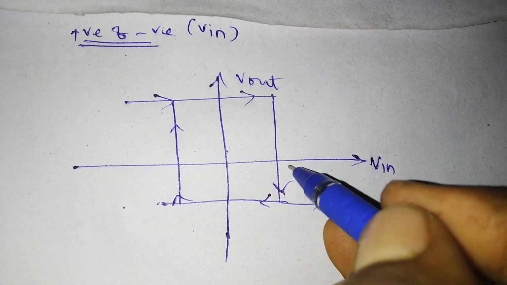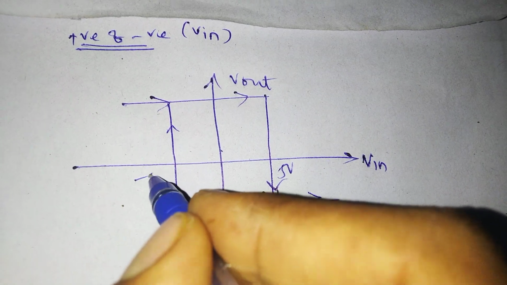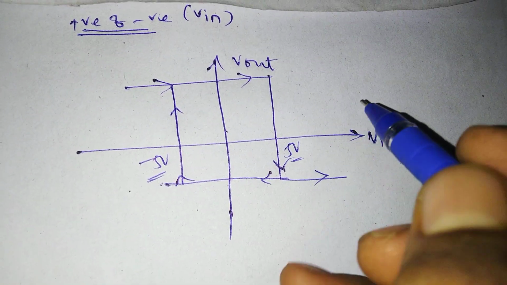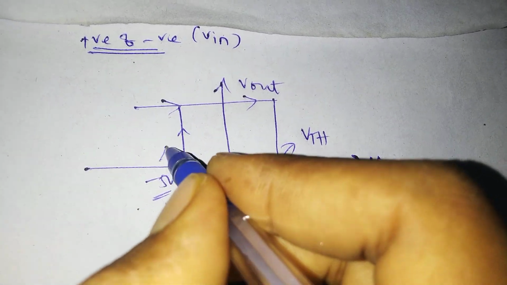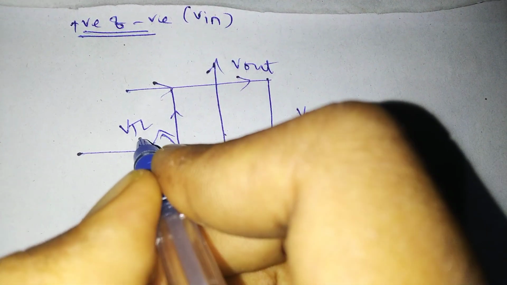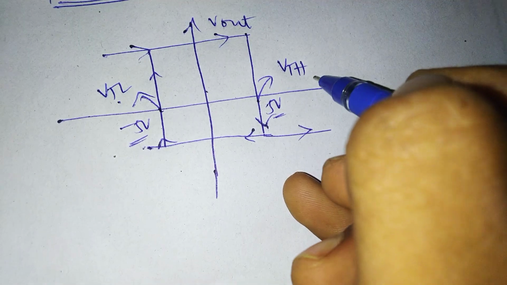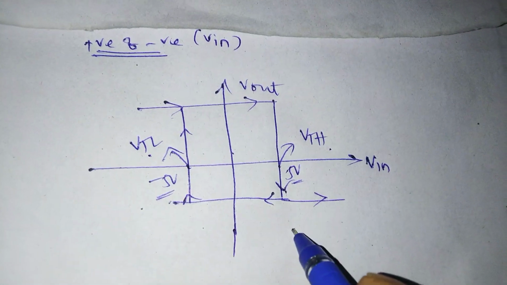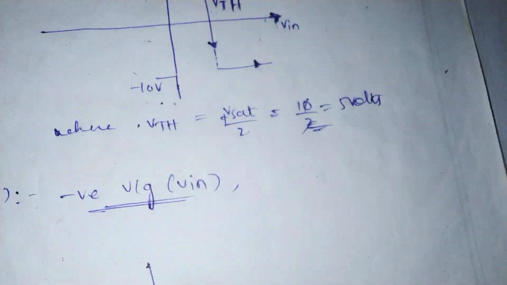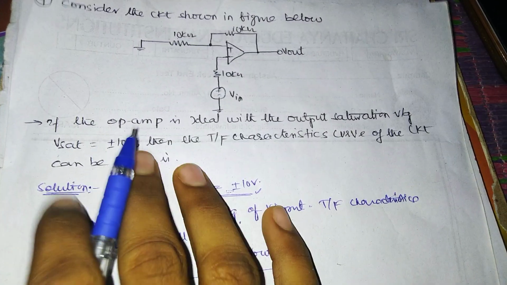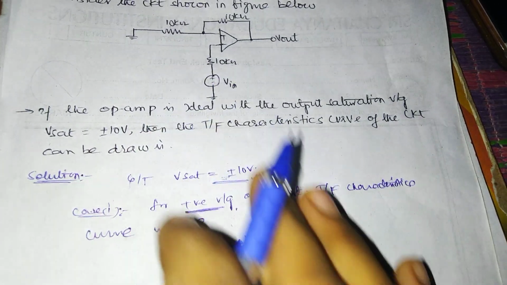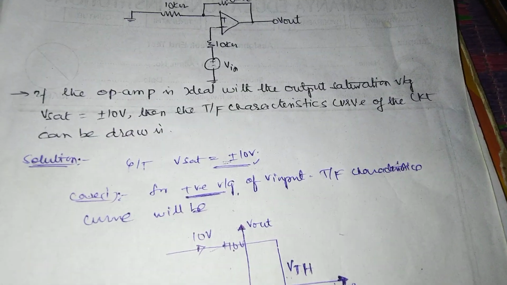This is the threshold 5 volts, negative 5 volts. This we call VTH, and this is called VTL: the high threshold voltage and the low threshold voltage. So this is the answer for the given question, where all three resistances are the same values, with V saturation plus or minus 10 volts. Thank you. We can continue to the next question.